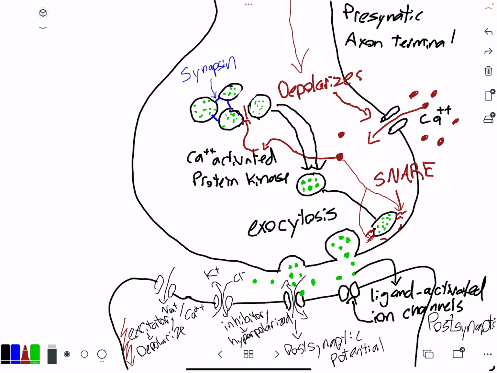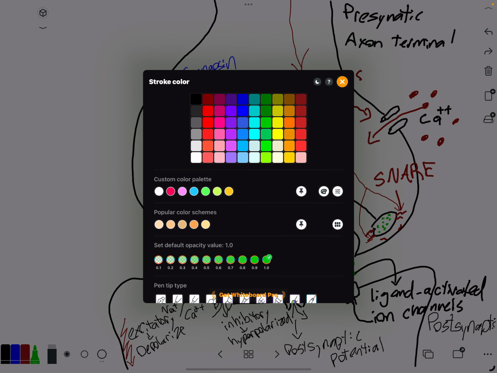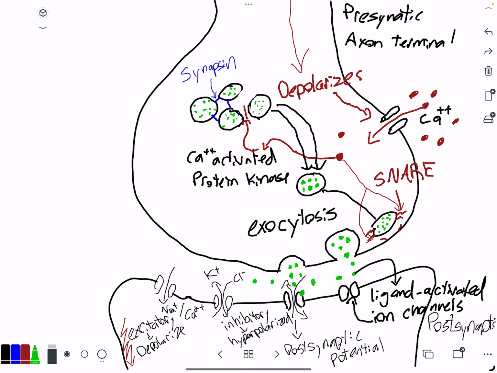Now, to keep signals brief and precise, neurotransmitters are rapidly removed from the synaptic cleft. Many neurotransmitters won't even have the chance to bind to the receptors.